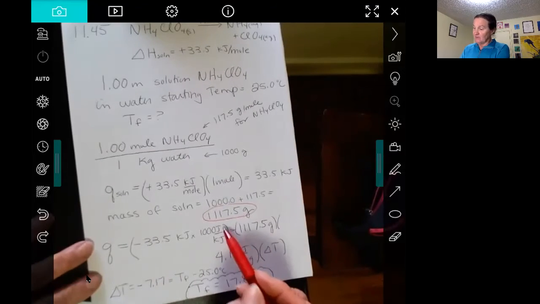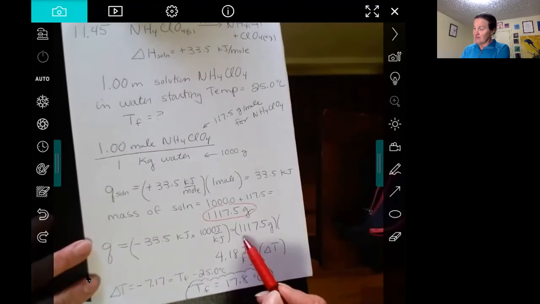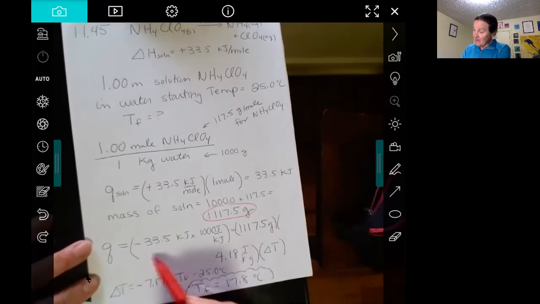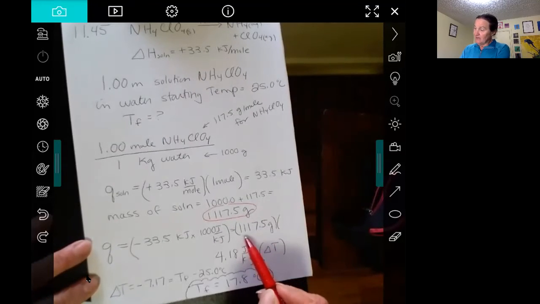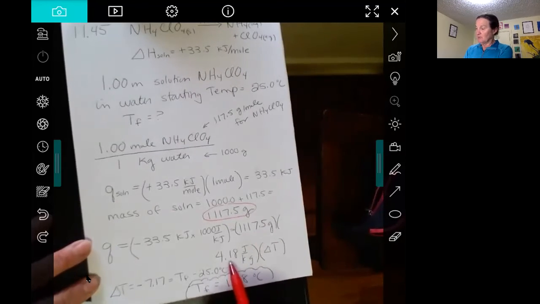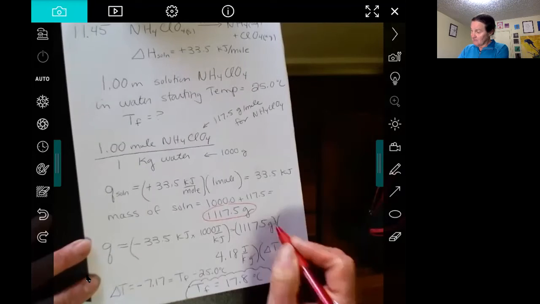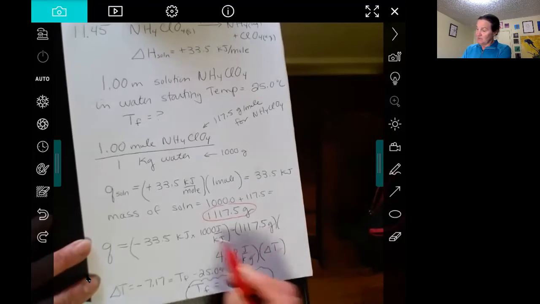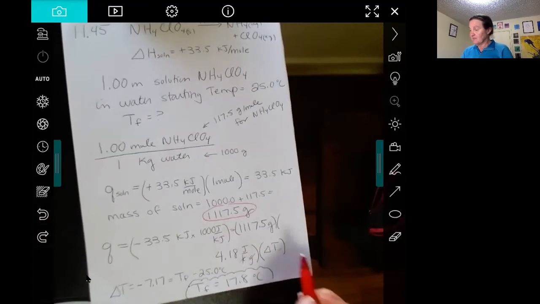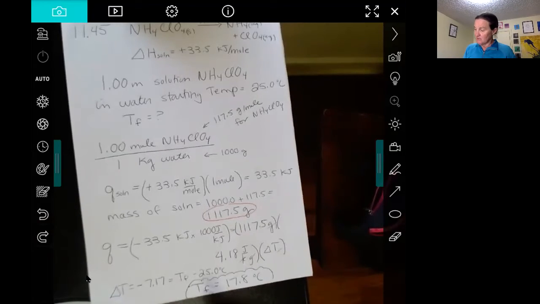And so if I convert that to joules, that means I have that much heat when 1,117.5 grams of the solution, with a heat capacity, it tells you the same as water, 4.18 joules per gram Kelvin, times the temperature change. If you do that unit analysis, you will see that they both have joules and that your temperature change will either be in Celsius or Kelvin, whichever one you put your T initial in.